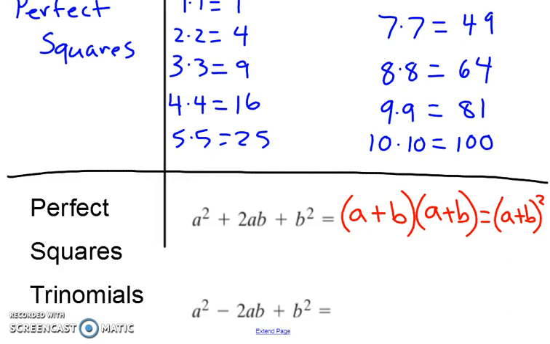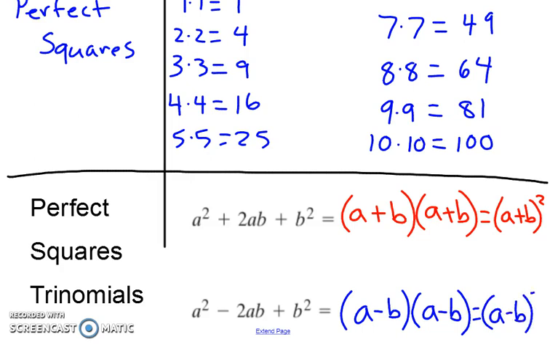And then down here on the second one is a squared minus 2ab plus b squared. That's going to be set equal to a minus b times a minus b. And that's going to be, obviously, in shorthand, a minus b squared.